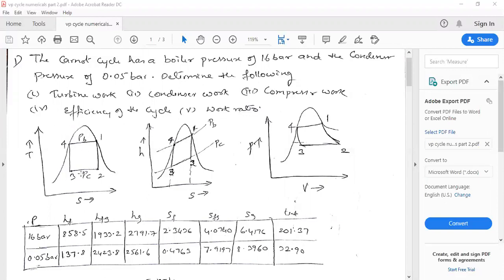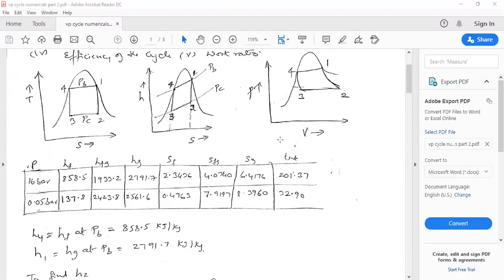That is saturation temperature at the condenser divided by saturation temperature at the boiler, and the work ratio. Now, first thing you need to do is write a tabular column for the pressures, that is boiler pressure and the condenser pressure, and obtain these enthalpy and entropy values from the thermodynamic data handbook.